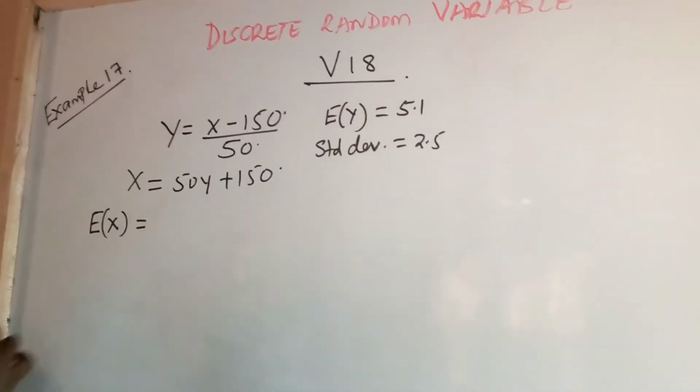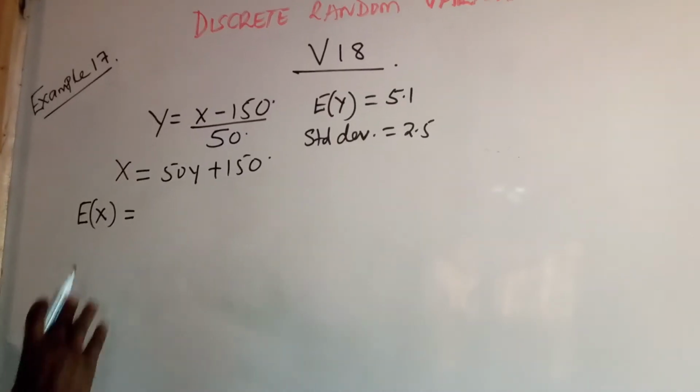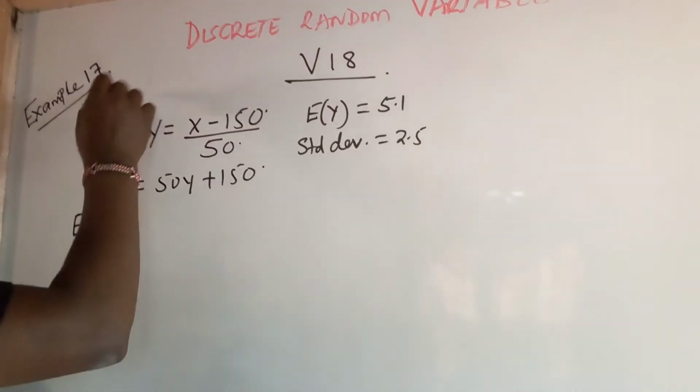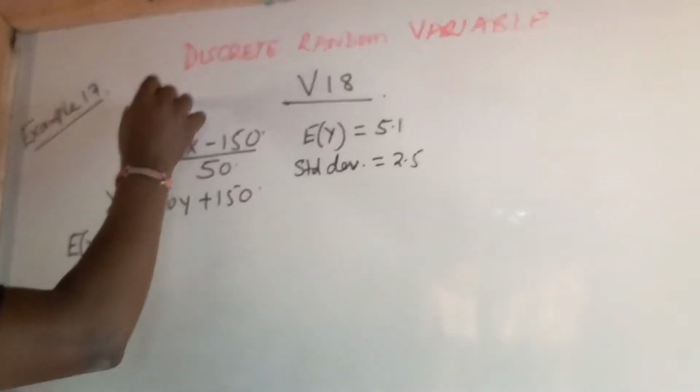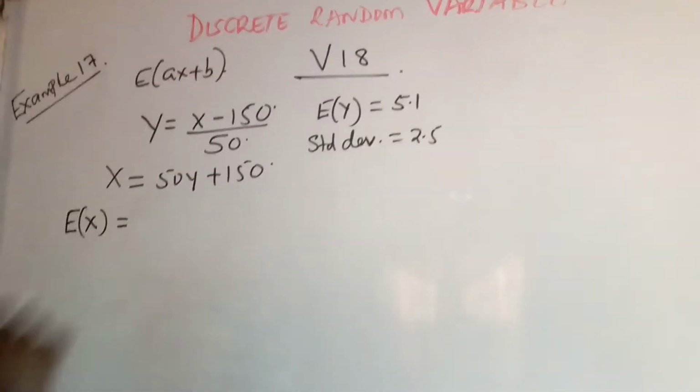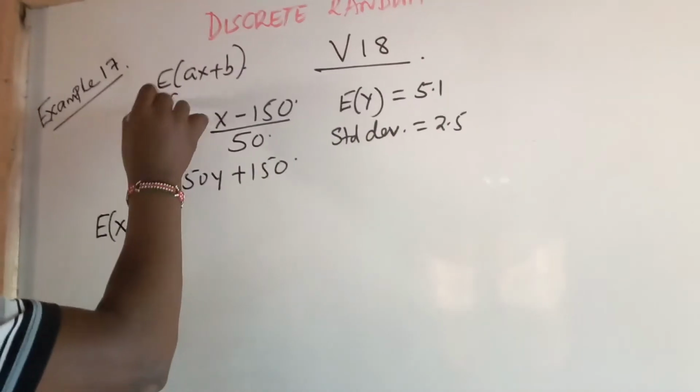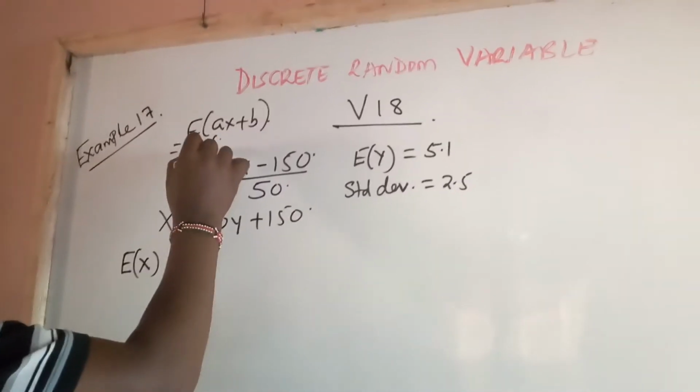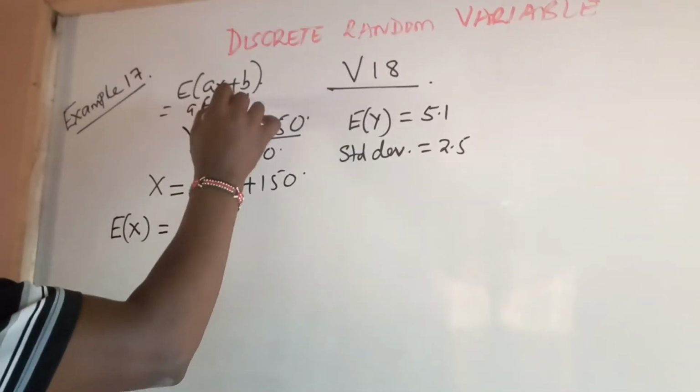as we have always understood, E(ax plus b) is equal to a multiplied by E(x) plus b.